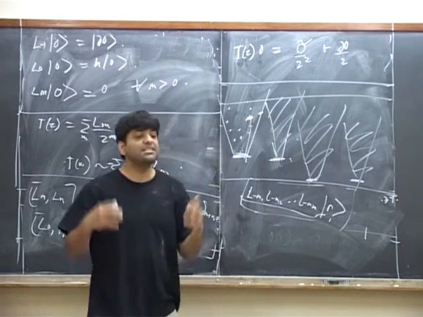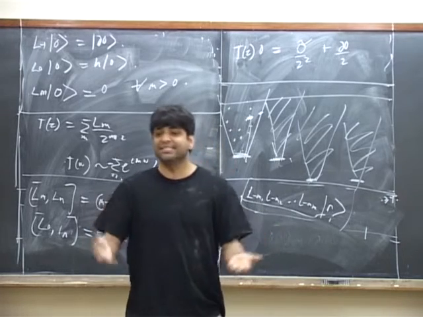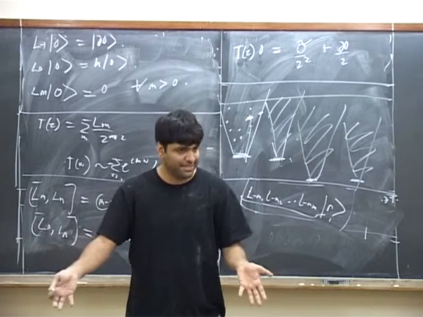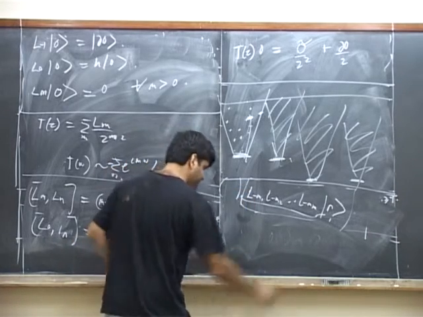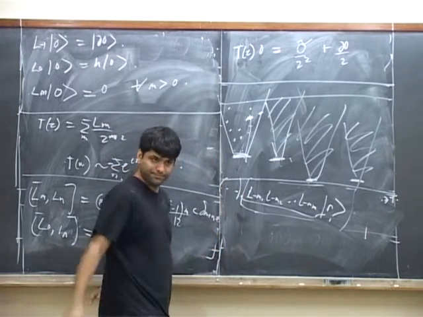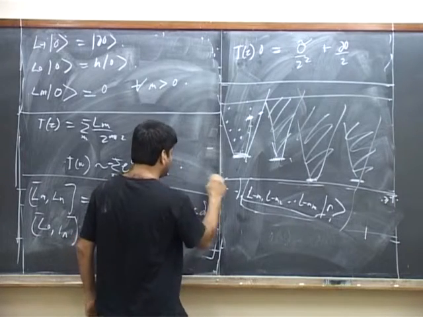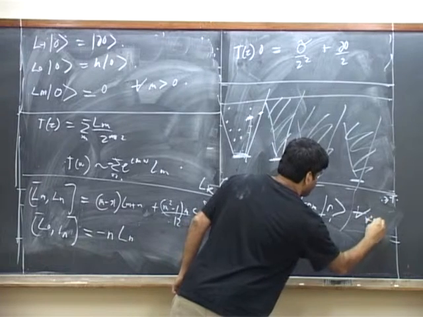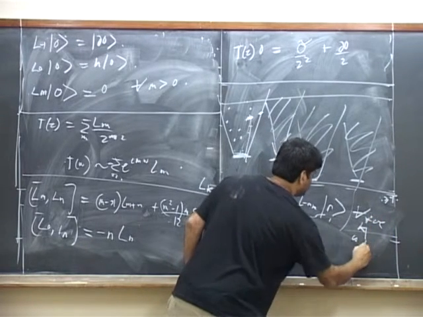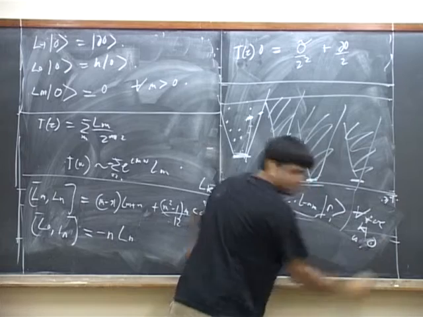Because what does it mean for the resultant state to be primary? It means that all raising L's annihilate the state. So I'm going to ask the following question: can I act with some L's, whatever they are, so that the net result is that Lk for all positive k annihilates it, so that it is primary?